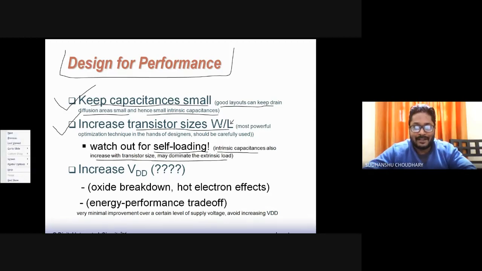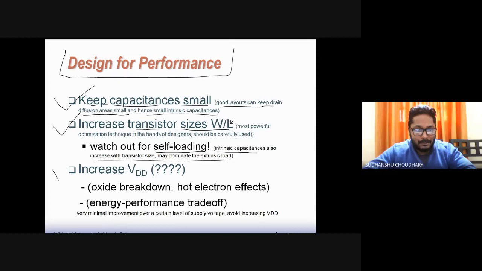So that sets another guideline on the maximum W possible, that is the optimum W at which self-loading effects do not come into picture. The MOSFET is loading itself because the capacitance of the connected load is smaller than the intrinsic capacitance, since we are trying to keep transistor sizes big so that resistance and delay can be brought down.